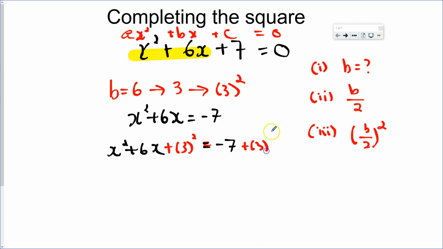The reason for that is just to be fair. If I add a 9 over here, I would definitely want to add the 9 on the other side. So don't make that mistake. Otherwise, it will not come out right. If you don't add this 9, you have a -7.